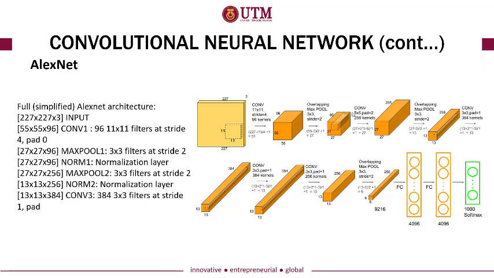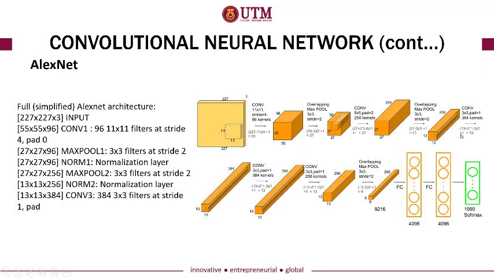Normally there is no standard way to describe the architecture. Sometimes people draw it in this way, so it's easy for you to interpret because you can already see the volumes, or the pictures of the input matrix and the output matrix.